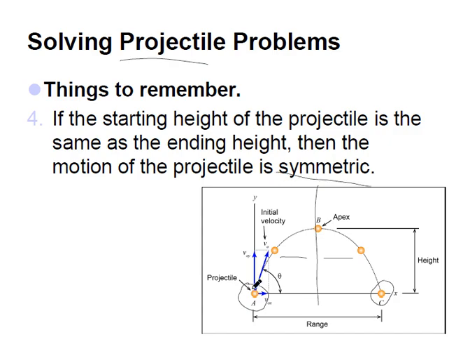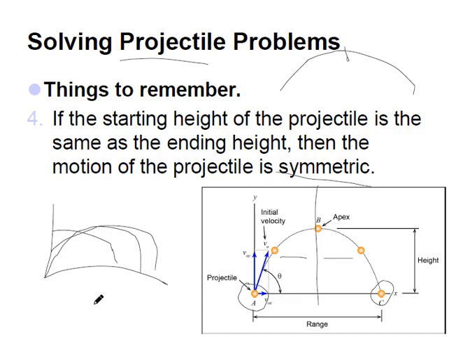So if you start from the 0, because you ended up at 0 position on the y-axis, you're going to get a symmetric projectile, meaning it's a pretty projectile. Not like you starting from one point and going like that. There are many different projectiles, but if you go like this, you get a perfect symmetric projectile.